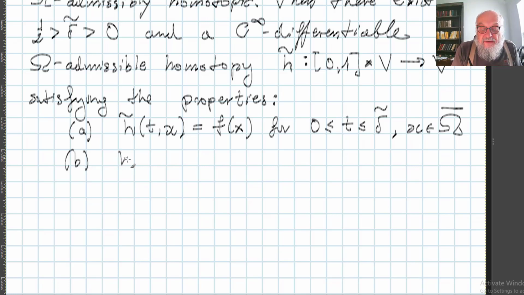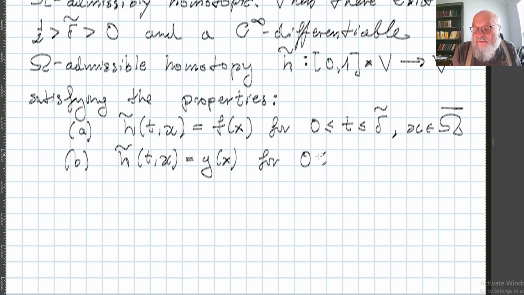And B, that H tilde of t of x is equal to G of x for 1 minus t also smaller than delta tilde, and x belongs to omega closure.